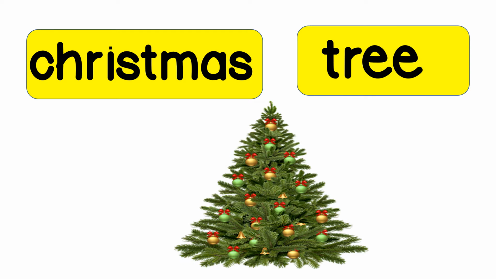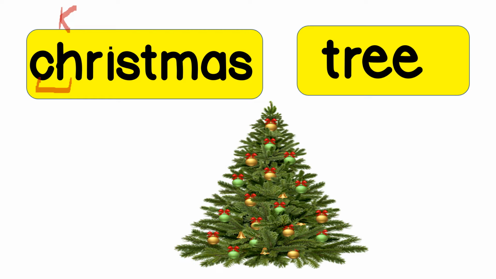All right, so this is our first word. Remember, we have studied the word Christmas already. So we remember that the C and H in this word make a K sound.